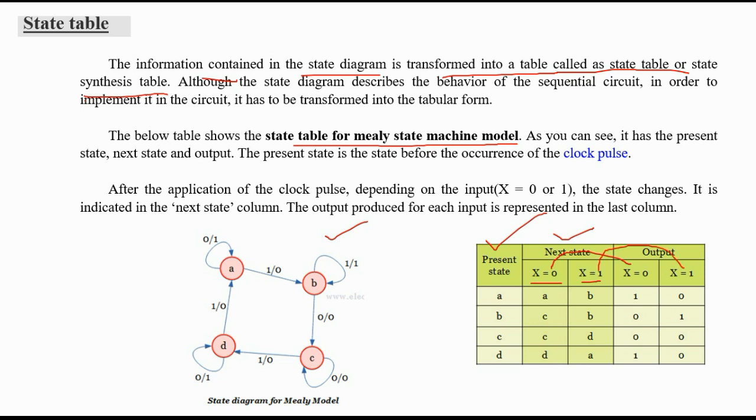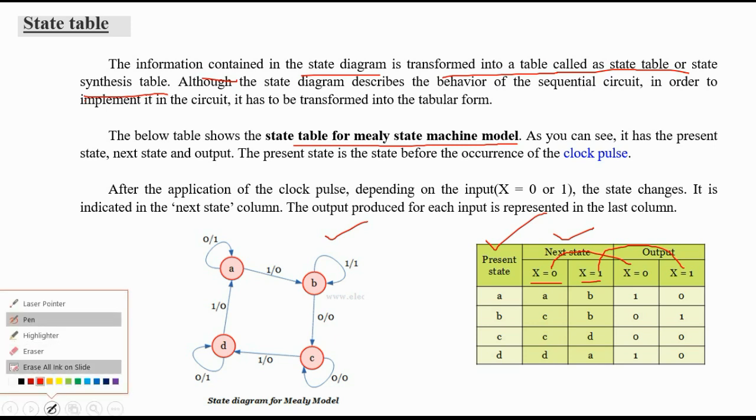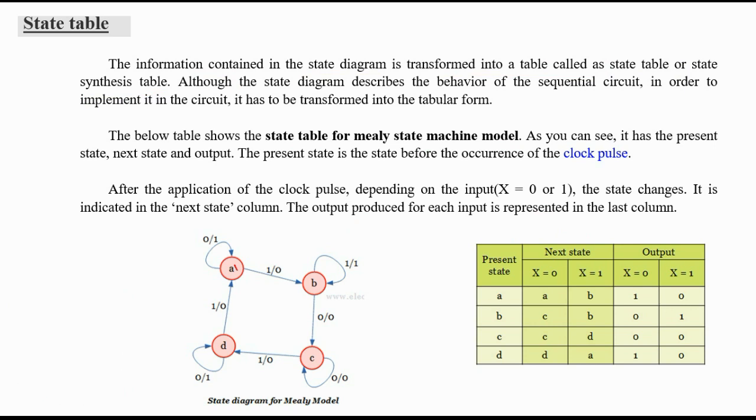So how do I build this state table? Have a look here to understand this concept. For example, this is A. From A, where does it have to go?